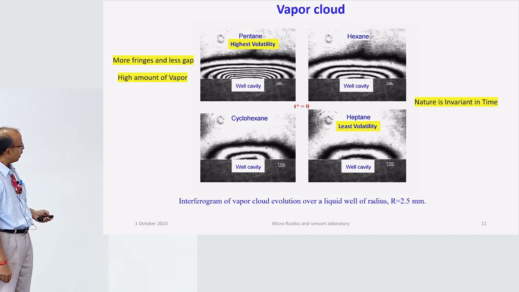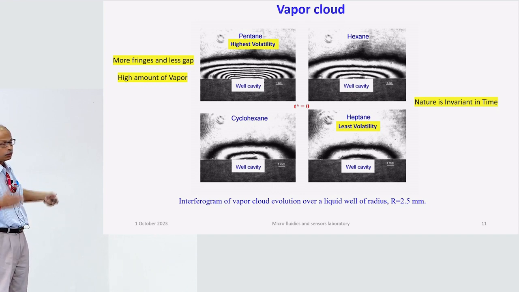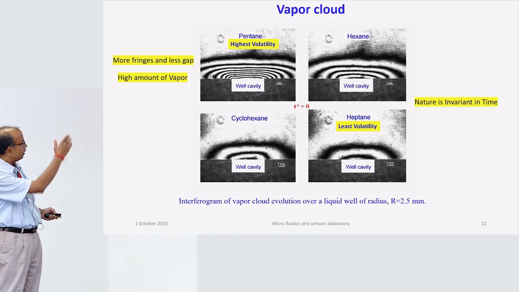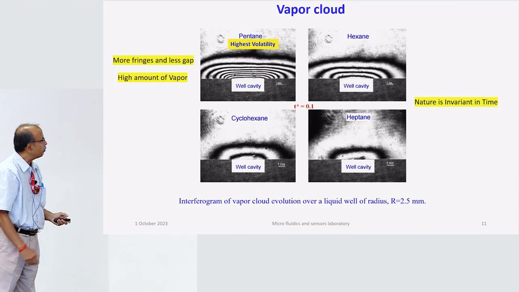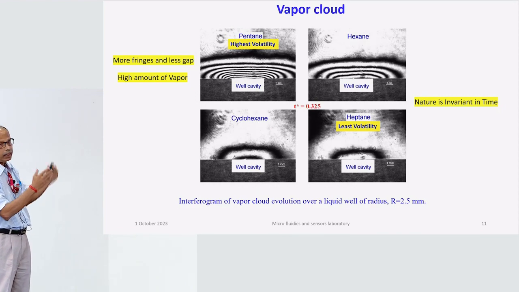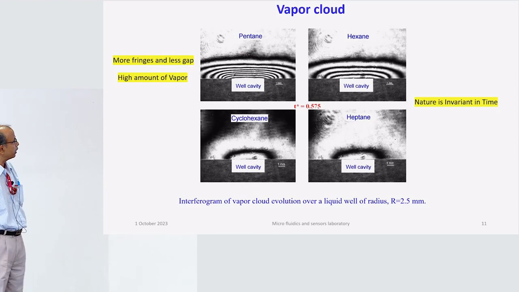Heptane has the least volatility. You see the number of fringes is less here, and the gap is also more here. One more thing you will see is that with time, the fringes show that evaporation is taking place.